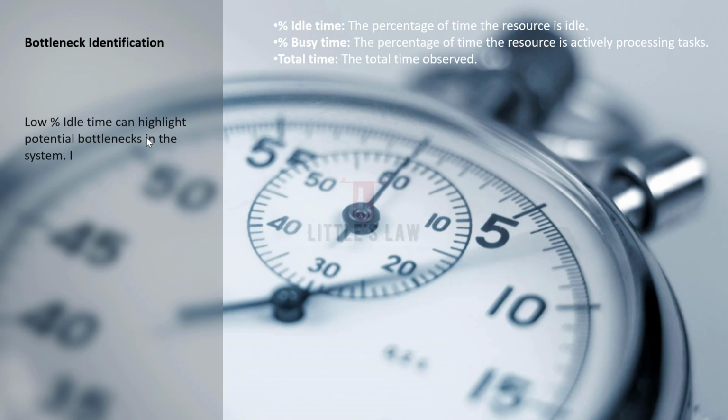By monitoring the percentage idle time, performance engineers can pinpoint which resources are reaching their capacity limits and address potential bottlenecks before they impact the user experience. Many times we would have experienced the same thing, like a saturation of the CPU. So it's always a good practice to monitor the percentage idle time.